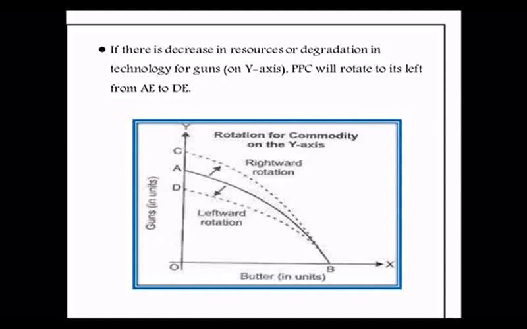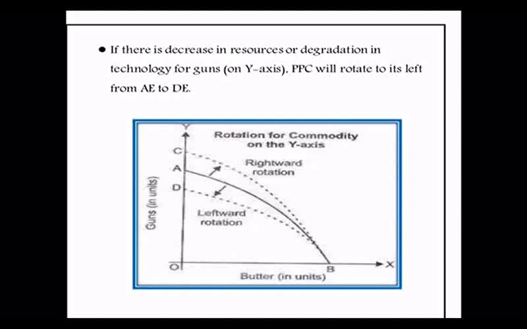And if there is degradation of technology or decrease in resources for production of Y commodity, that is here in this diagram written guns, for guns, PPC will rotate to left from AB to DB.